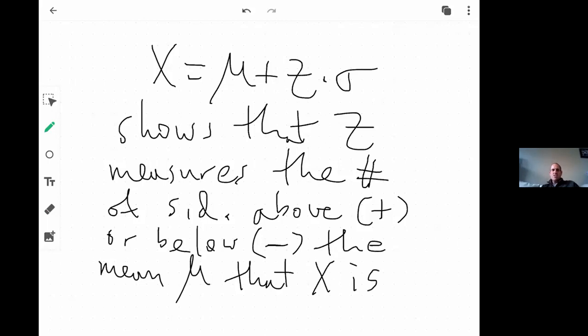Okay, so if X is one standard deviation above the mean, Z will be 1.